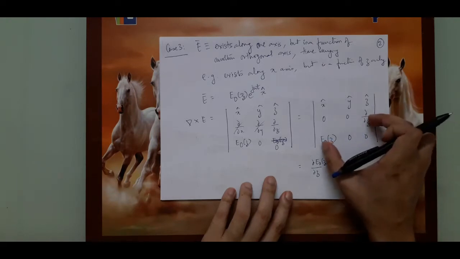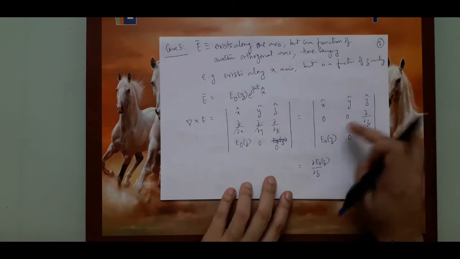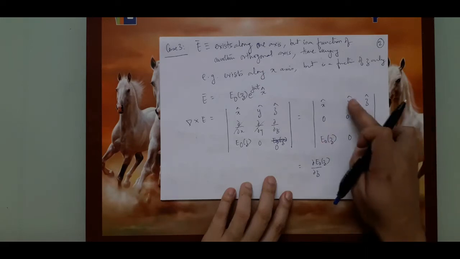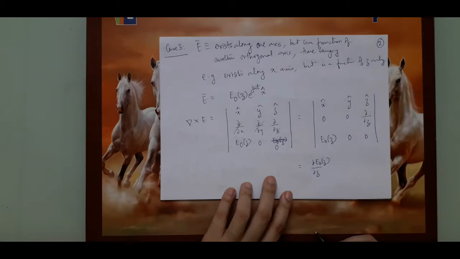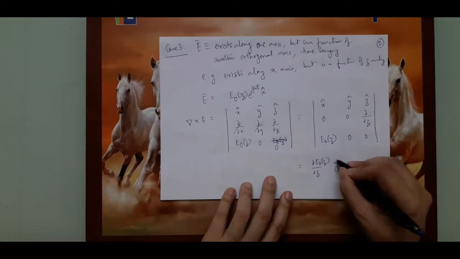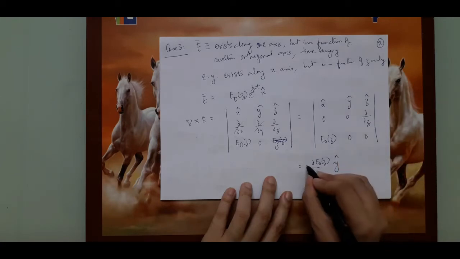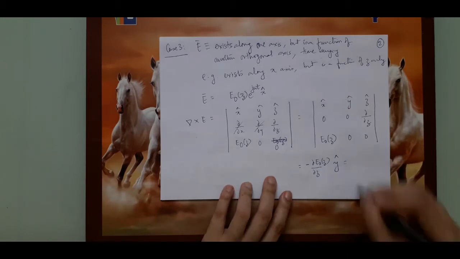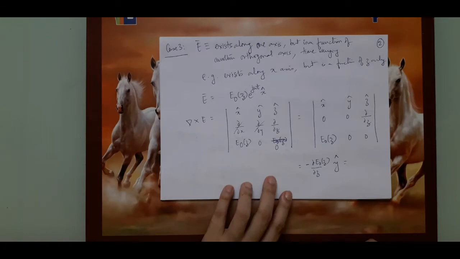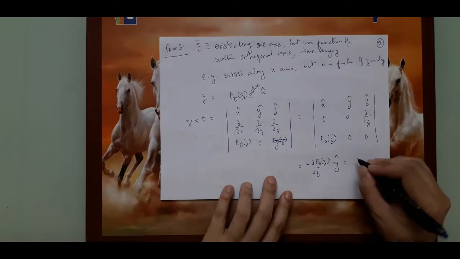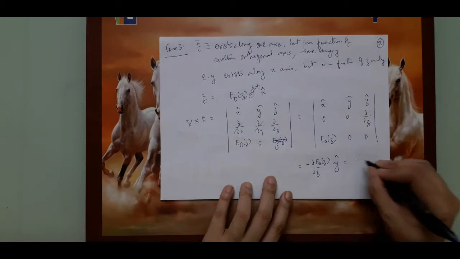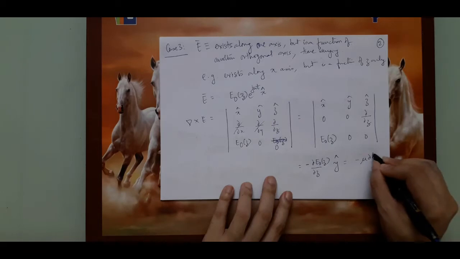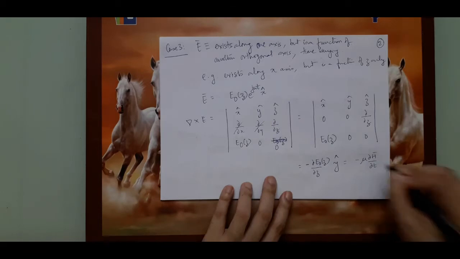Now when I am taking the determinant, the only non-zero determinant will be when I am taking with respect to y. So this is what it will be with a minus sign. And that is nothing but, as per Faraday's law, it should be nothing but minus mu times dH by dt.